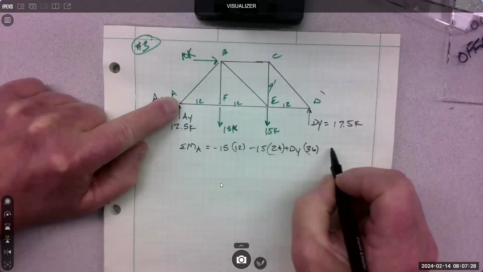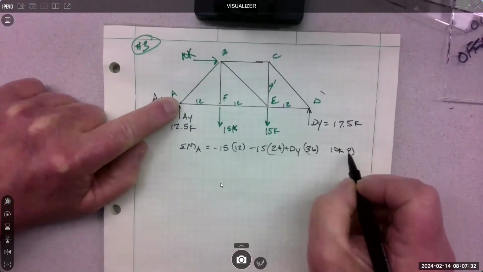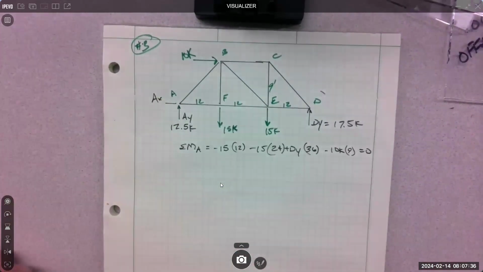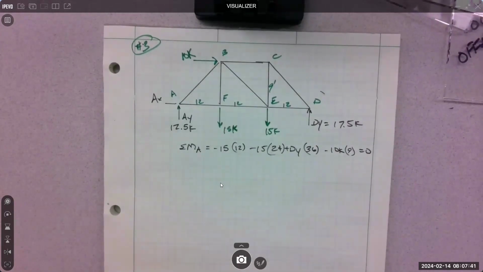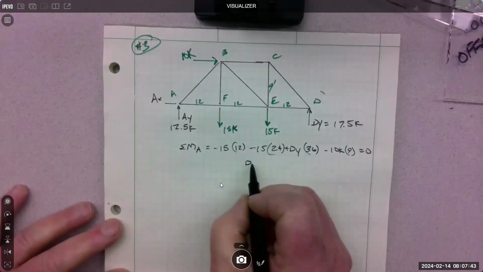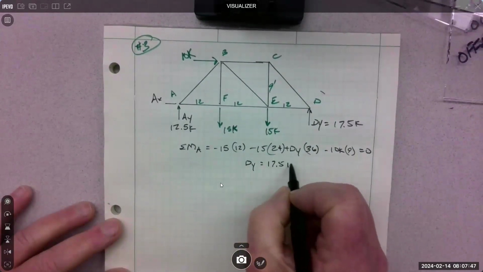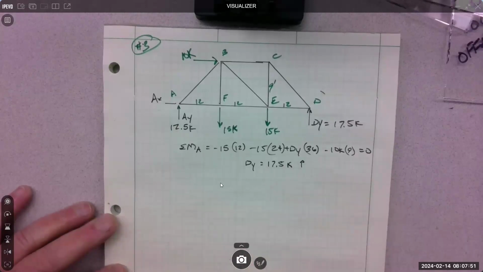And then I have 10K times 9. That rotation is negative. So that should be the equation that gives us DY equal 17.5. Comes out positive, so it does point up.